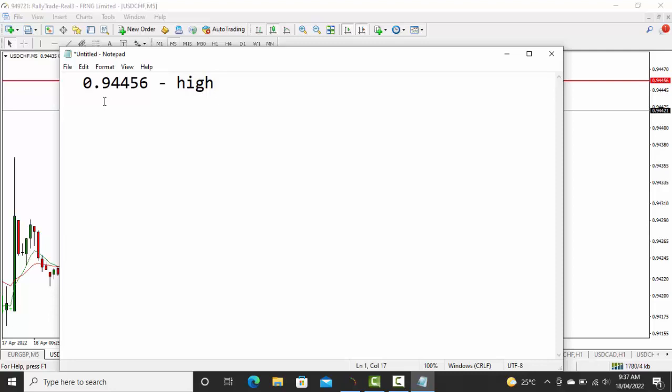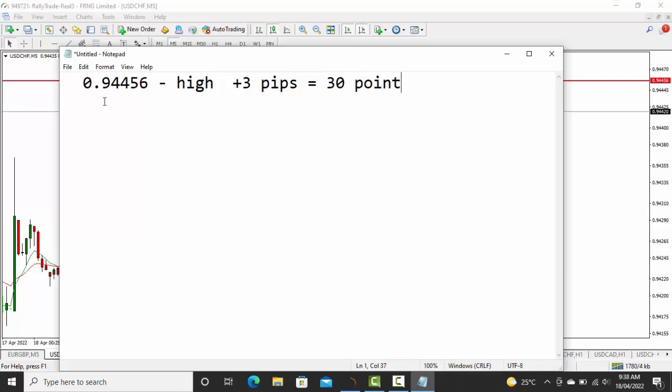So with this obtained, the next step is for me to add 3 pips to the high. 3 pips is the same thing as 30 points. I'm using 30 points in this instance because the broker I trade with happens to be a 5-digit broker.